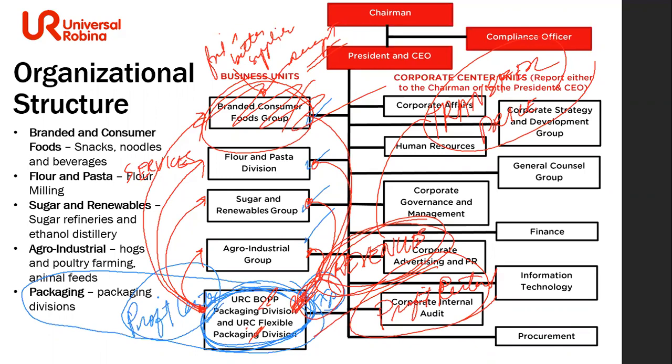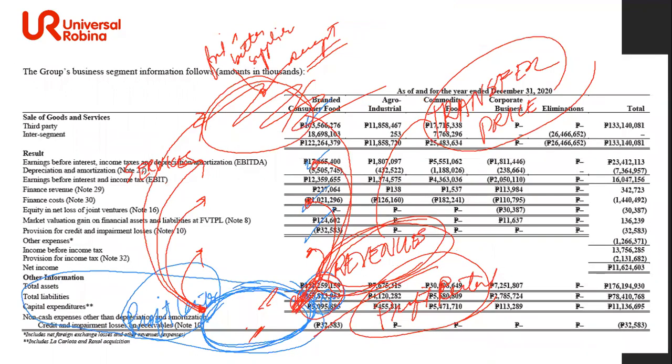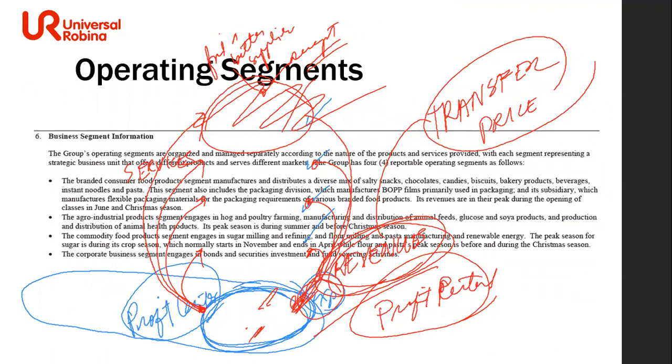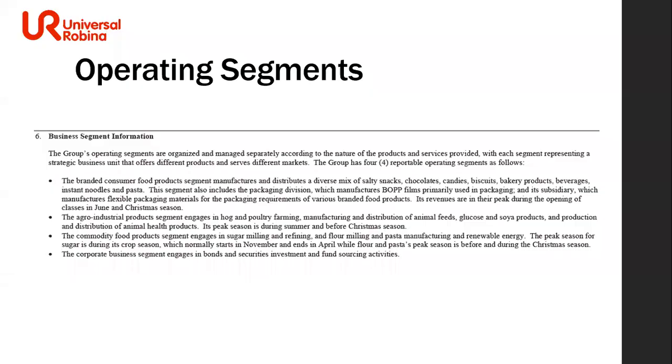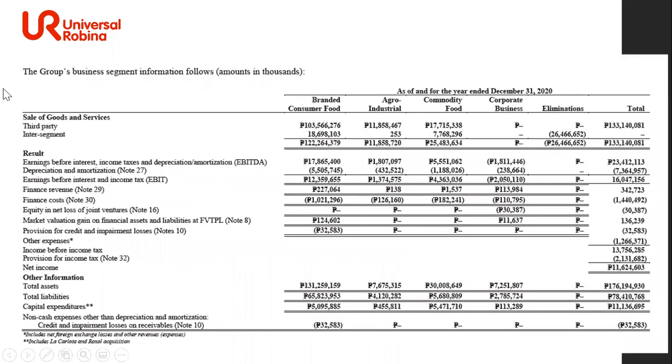Okay? In fact, if you look at the operating segments of URC, the definition of operating segments is different, unlike in the drawing earlier. So the branded consumer food products segment includes the packaging division. Okay? So if we look at the operating segment disclosure, this is the branded consumer goods, right? The branded consumer goods segment has a lot of inter-segment revenues, right?